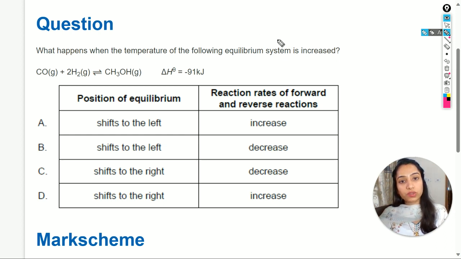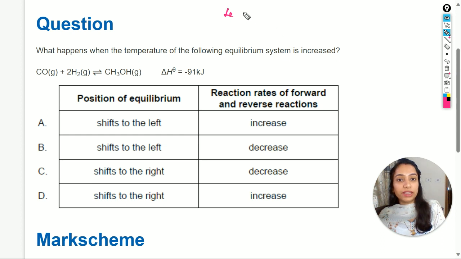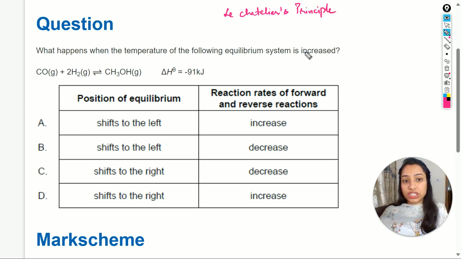And to solve this question we have to understand Le Chatelier's principle. Le Chatelier's principle says that if any change in the reaction conditions for an equilibrium system occurs, then it will counteract that change. Here, in this question, temperature is increased.